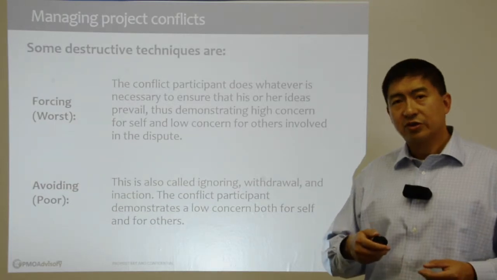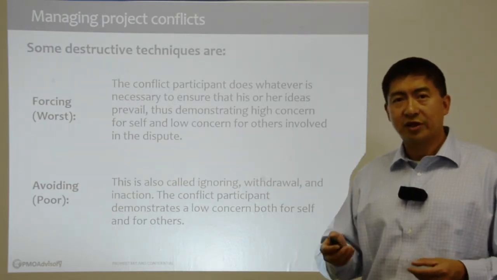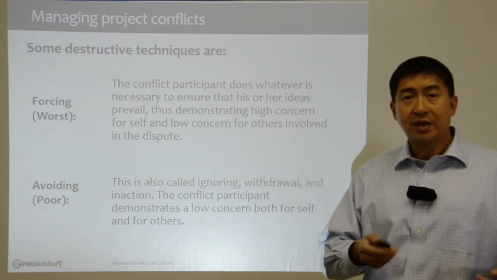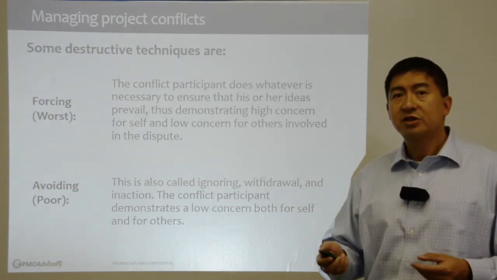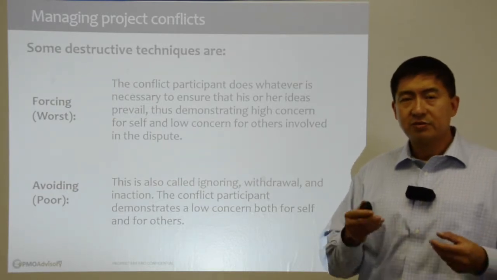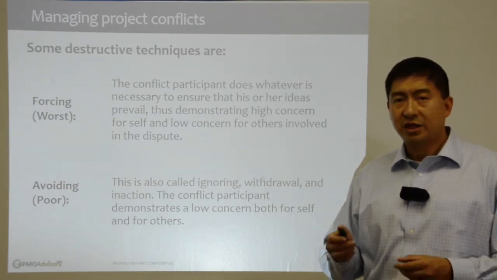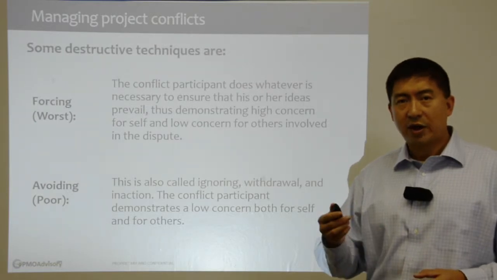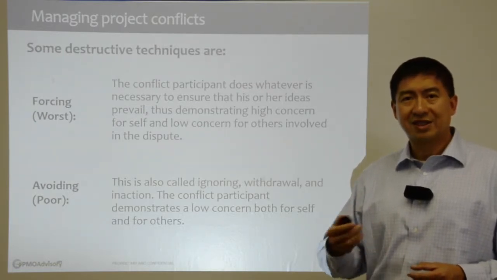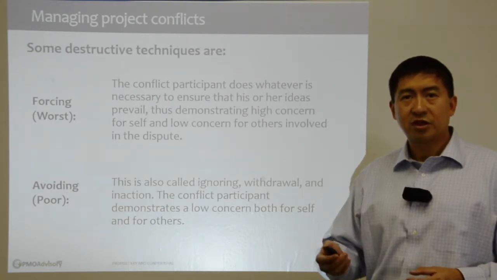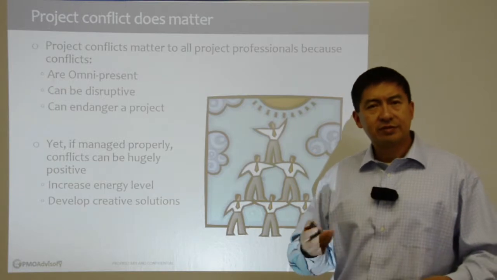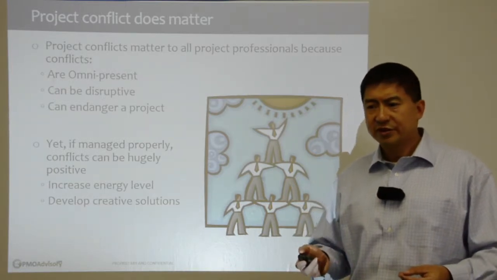But of course, as you can imagine, in the worst case, avoiding the conflict may eventually come back more vicious and more conflicting than when it started. So use this method judiciously. I think it is a real method. It's a worthwhile approach to resolving certain conflicts, but it should be done with intent and full knowledge that you're avoiding it. So the final slide on project conflict.